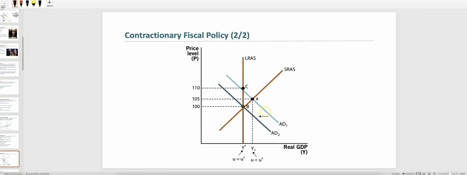Now, here would be the situation where you would want to have a contractionary fiscal policy.